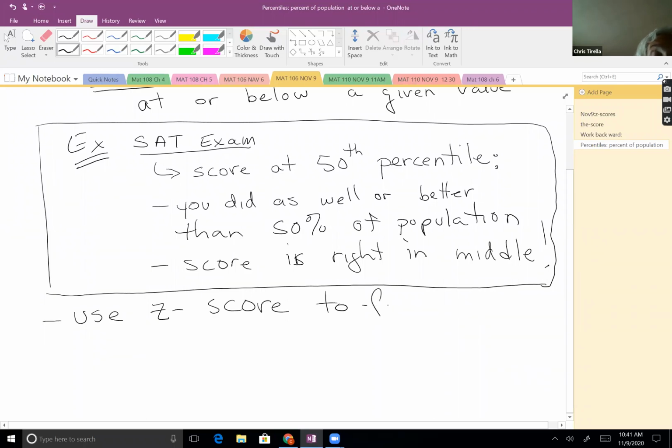to find the percentile if the population is normal.